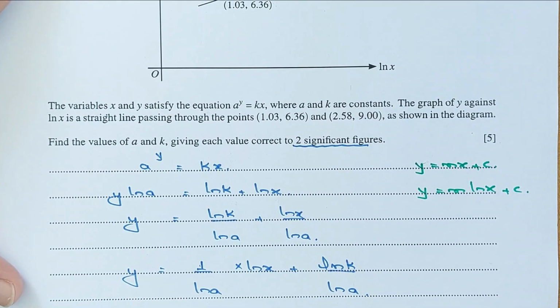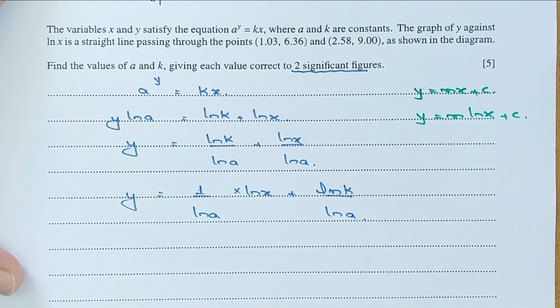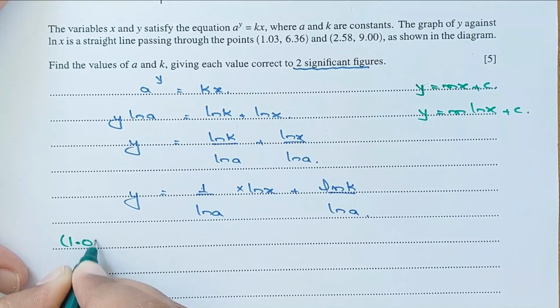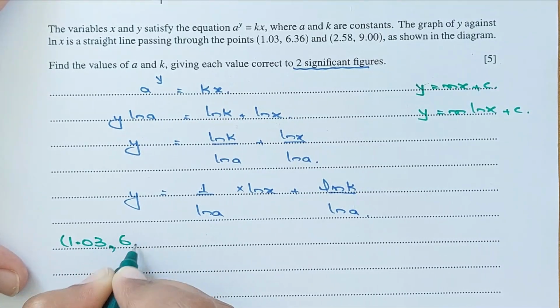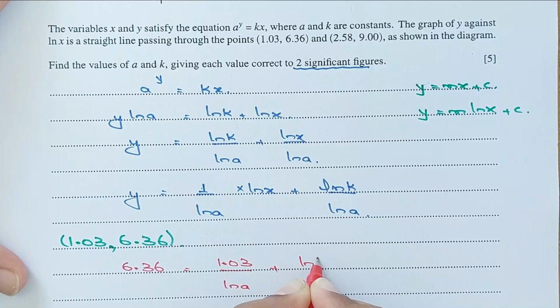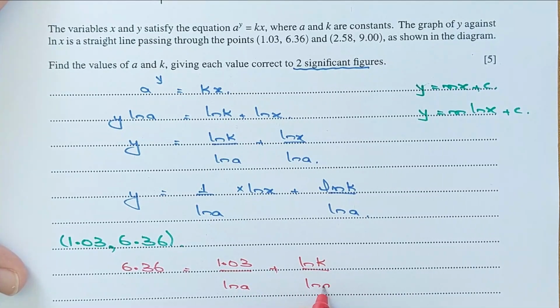Let me substitute the 2 points into the curve. The first point is 1.03 and 6.36. So 6.36 is the y value and this is the ln x value: 1.03 over ln a plus ln k over ln a.